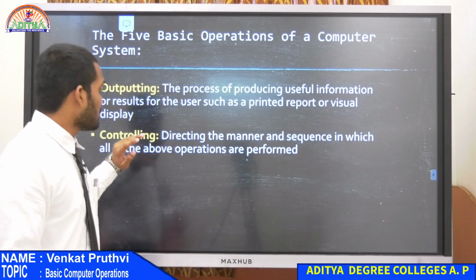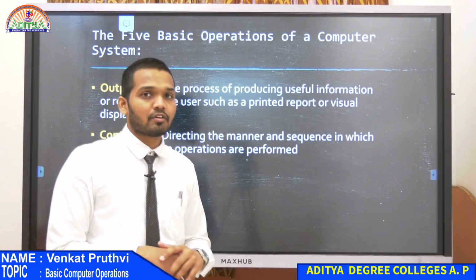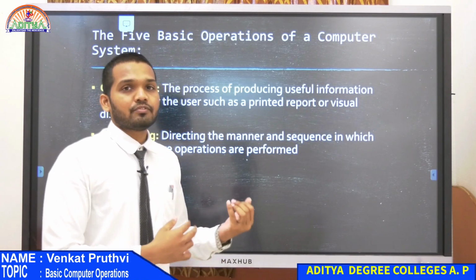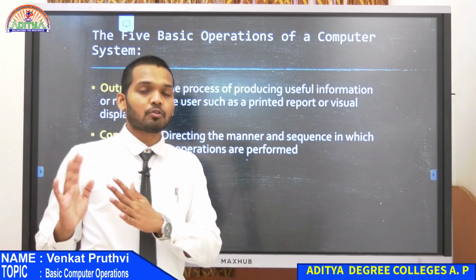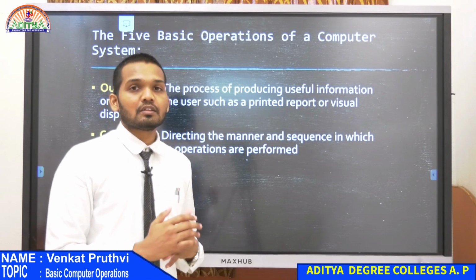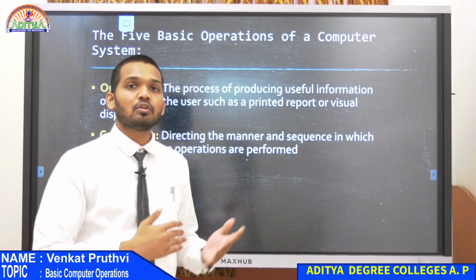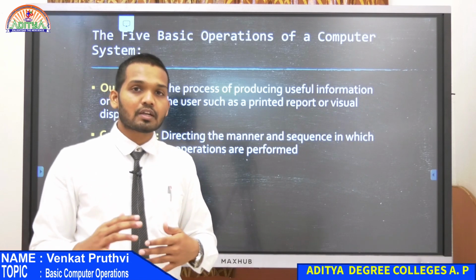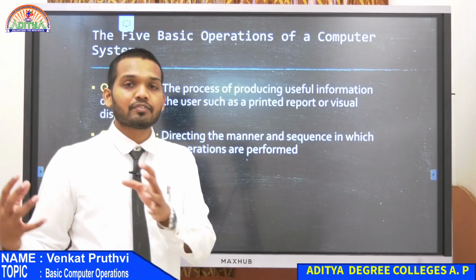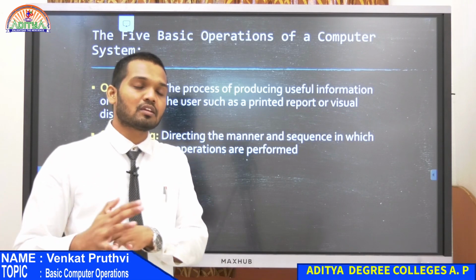After that we have something called controlling, which is a very important basic operation for a computer system. Now we were talking from the input stage till the output stage. All of this needs to be controlled and monitored by a unit. Otherwise, each of them has only its own function and they don't know how to interact with the others, how to get the data processed, or what the state of the other devices is.